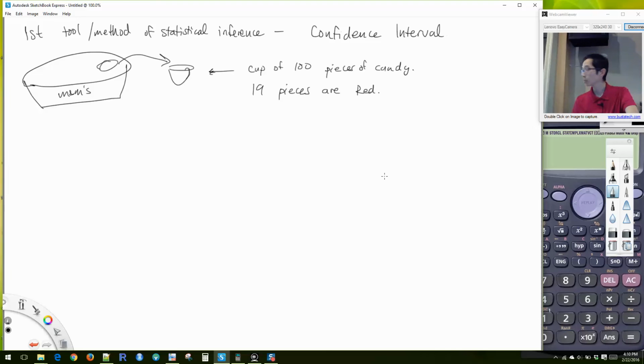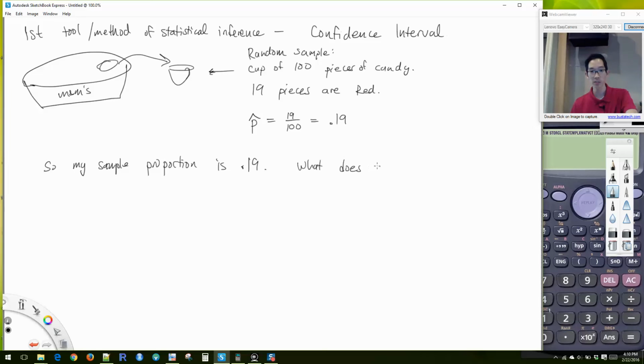So 19 pieces out of this cup of 100 are red. This is a random sample because we stirred up the bowl. So my p hat would be 19 out of 100, or 0.19. My sample proportion is 19%.